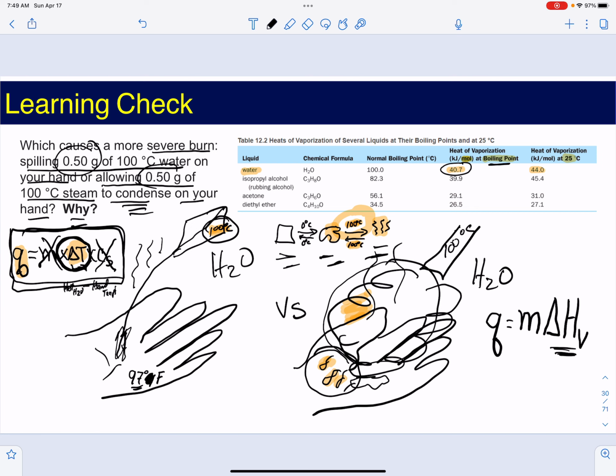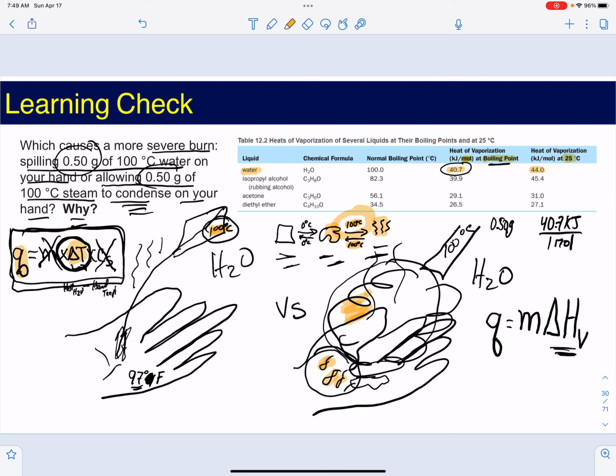So what we're going to say is, I know that it's 40.7 kilojoules for every 1 mole. I know I'm dealing with 0.50 grams of water.